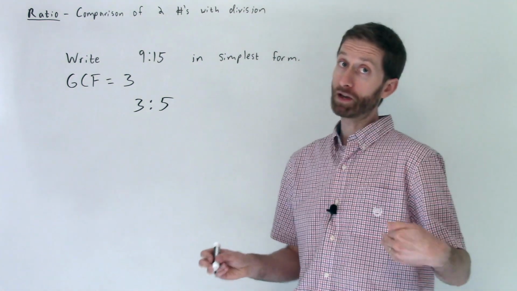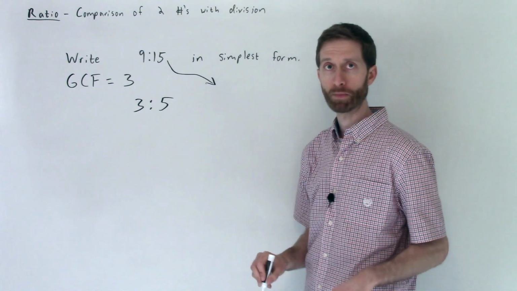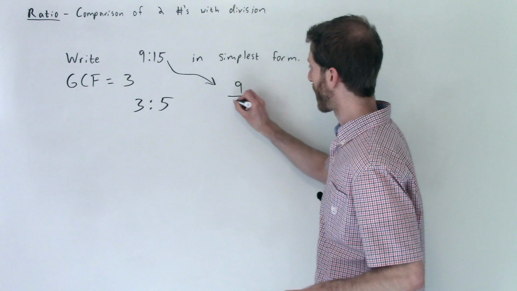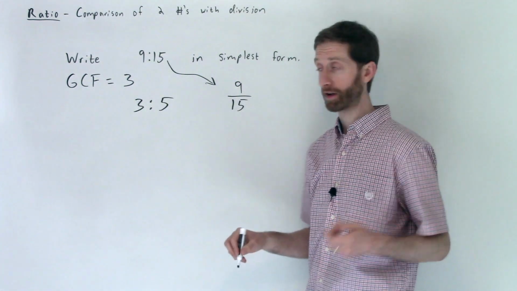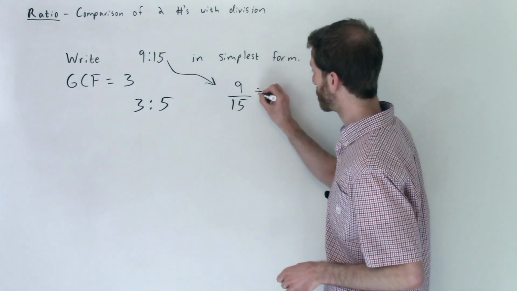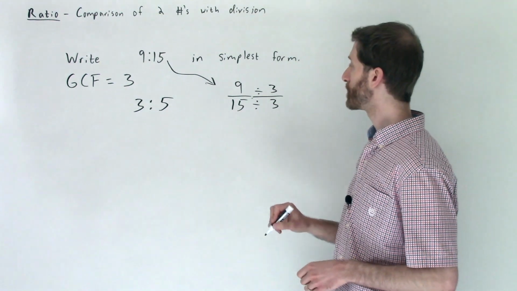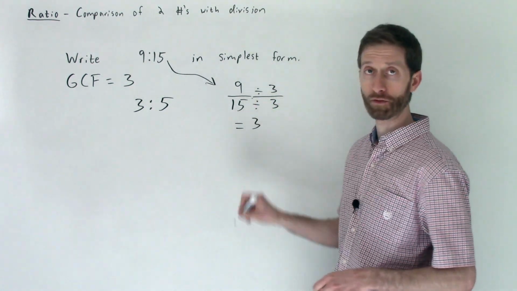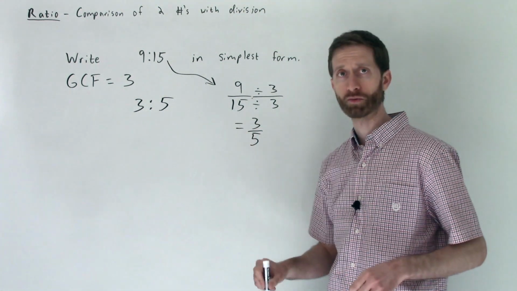Other people, myself included, like to write these ratios in their equivalent fraction form instead of colon notation. 9 to 15 is the same as 9 over 15. Then I'm going to divide by the greatest common factor, so that would be dividing both the numerator and denominator by 3. And when we do that, we get 9 divided by 3, which is equal to 3, over 15 divided by 3, which is 5, both of which are equivalent ratios.